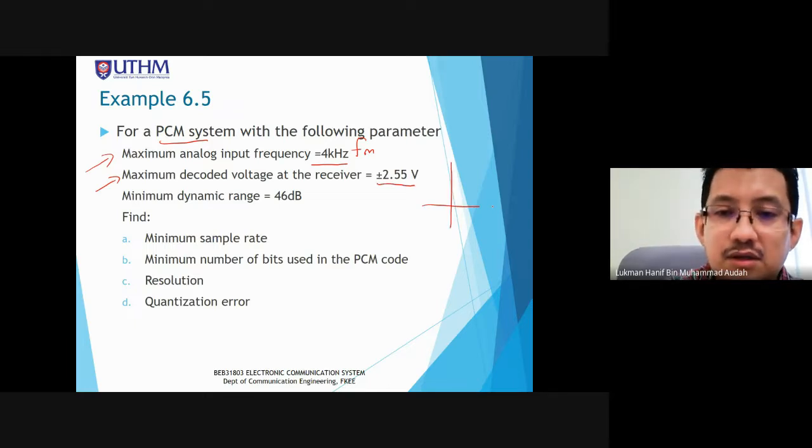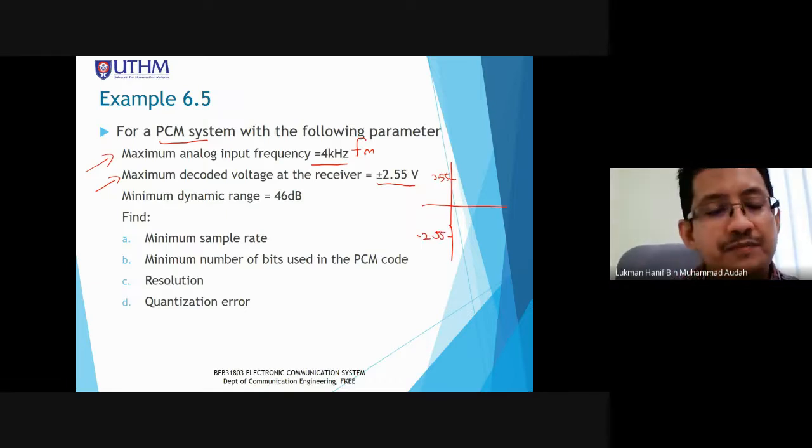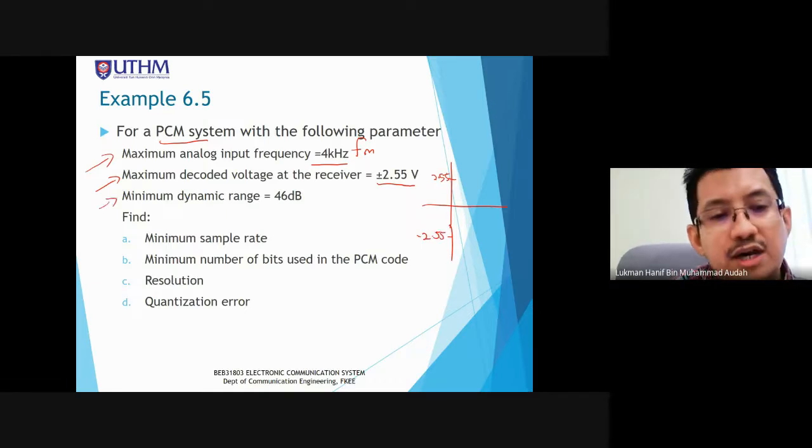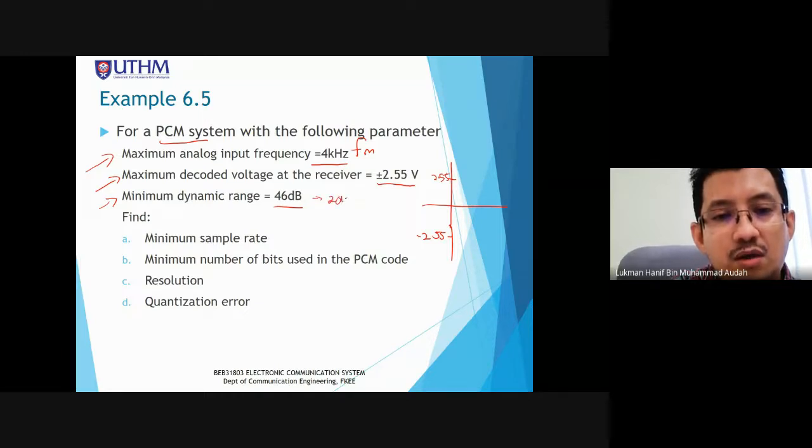Maknanya dia punya ni range of voltage itu daripada 2.55 sehinggalah minus 2.55. Okay, and you are given the minimum dynamic range, 46 dB. Bermakna ini bersamaan dengan kita kena kira berdasarkan 20 log 2 power of n minus 1.